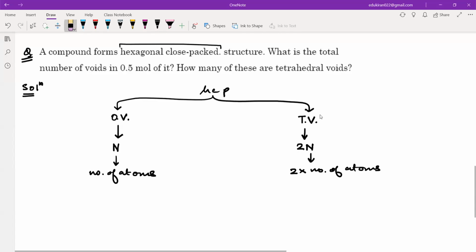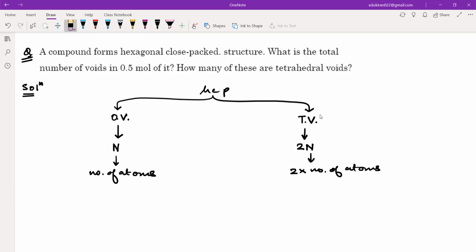Please remember that. They're just saying that it is making hexagonal close packing. So what amount of compound is taken? It is not mentioned here.